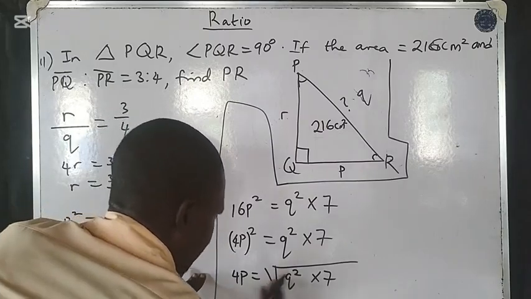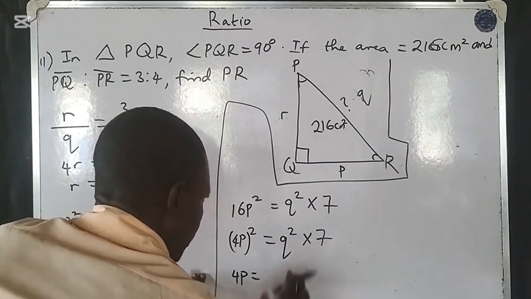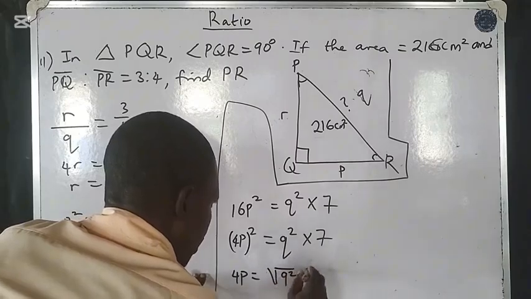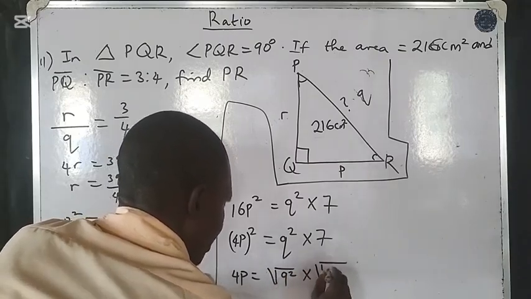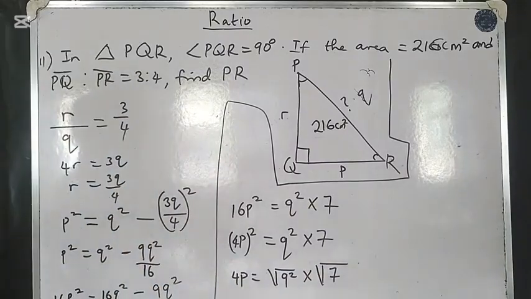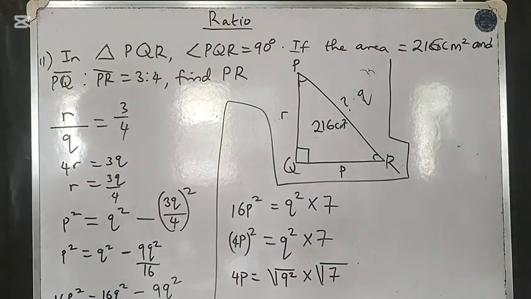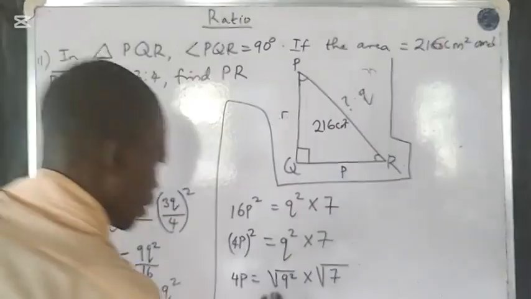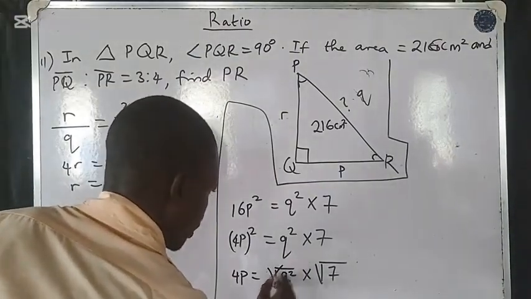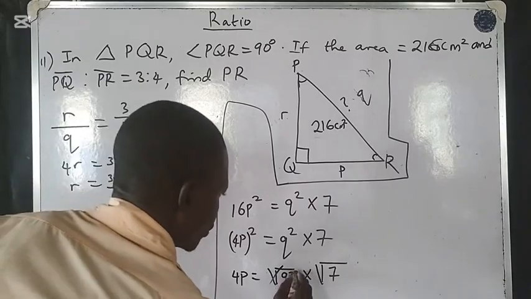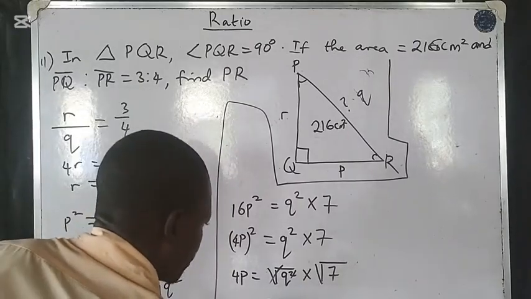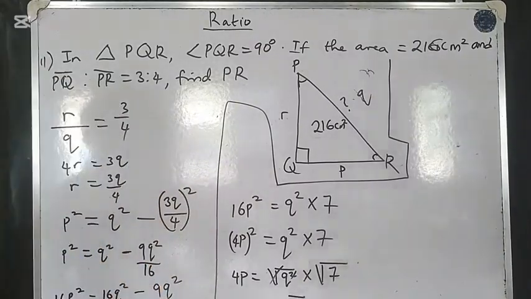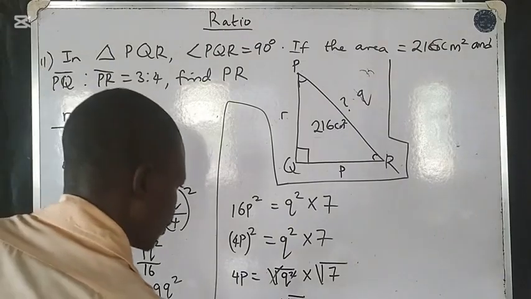We can separate this. Instead of making the square root be on both of them, let's separate it. This square root will cancel this square, so we are left with q root of 7.